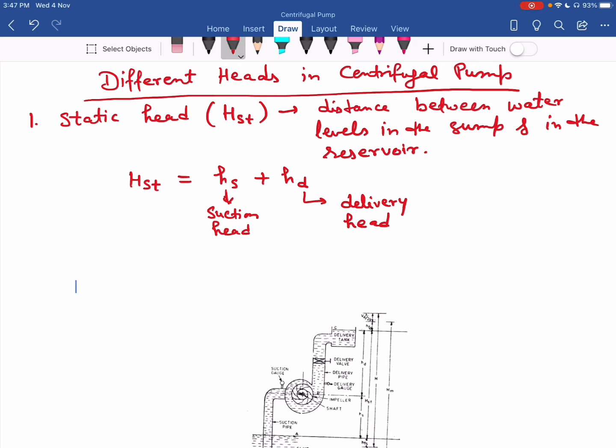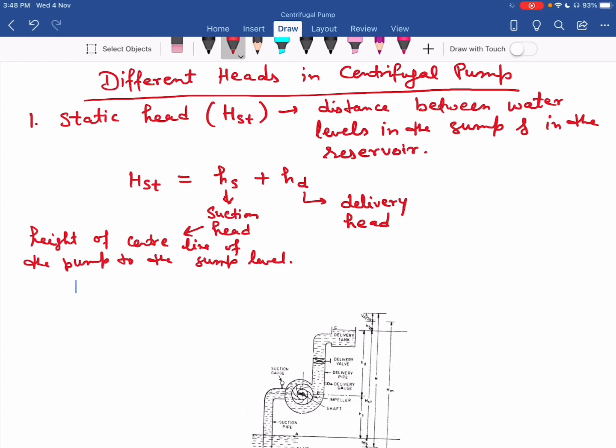Okay, now suction head is the height of center line of the pump above the sump level. It is the height of center line of the pump to the sump level.